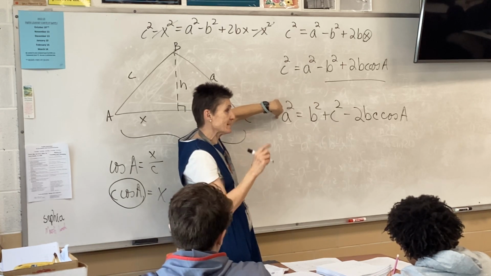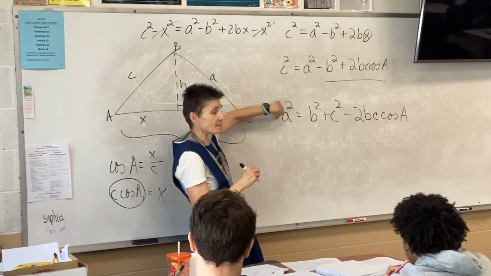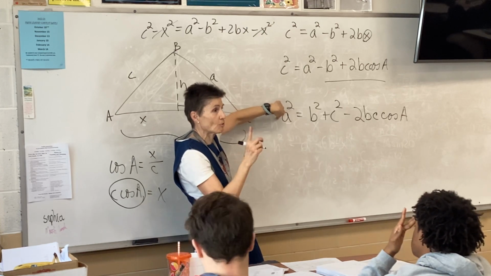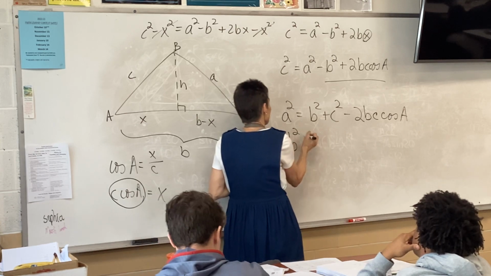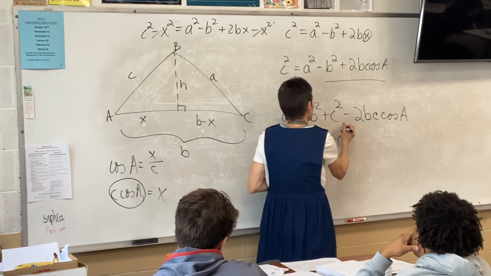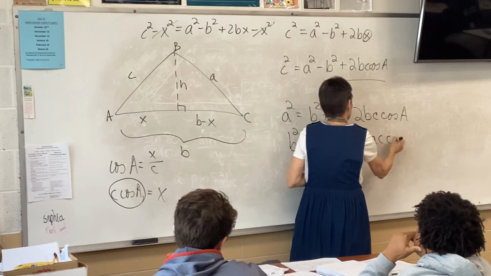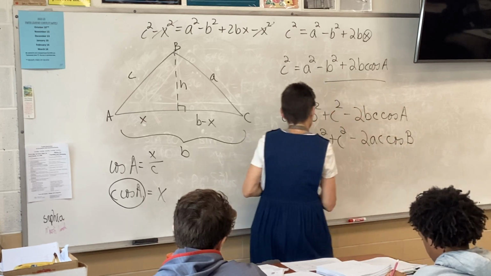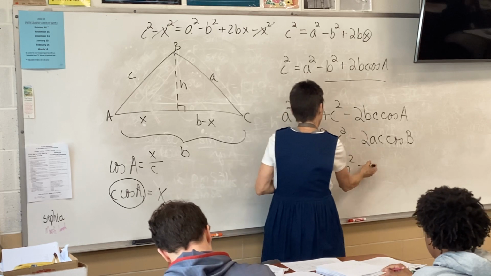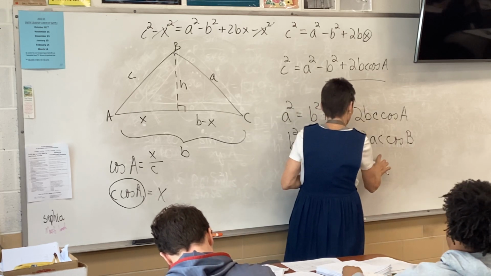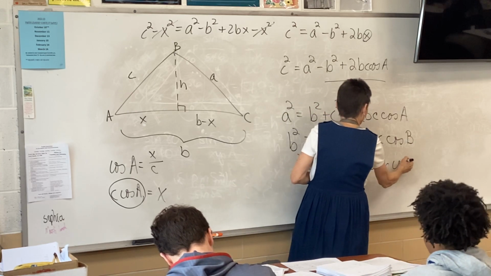And the reason I did that is because it makes the pattern easier for you to memorize. The law of cosines appears in different forms, different combinations of letters. There is absolutely no point in you memorizing all of this.